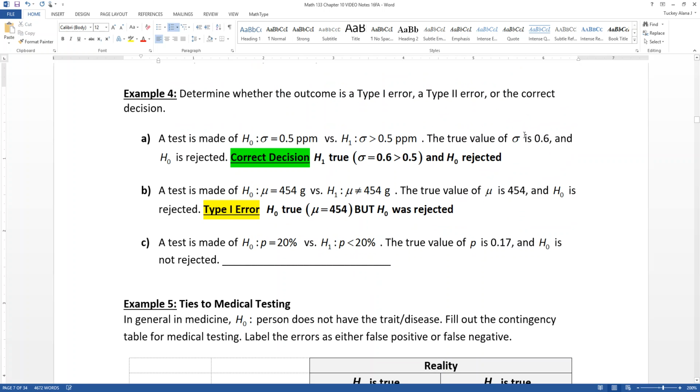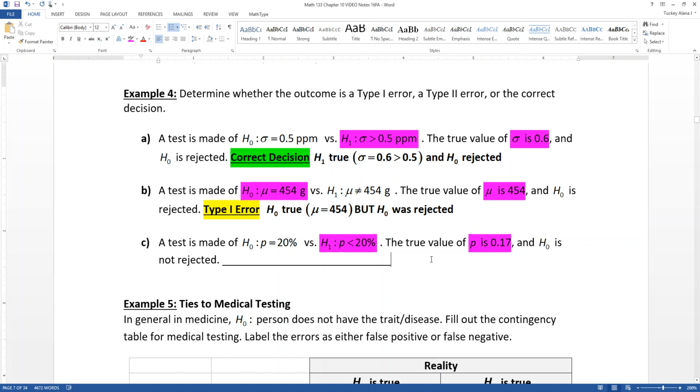If you like, you can color code this for yourself. When sigma is 0.6, you can note that the alternative is the true one. When mu equals 454, the null is the true one. Here, 0.17 is less than 20%, so the alternative is the true one.